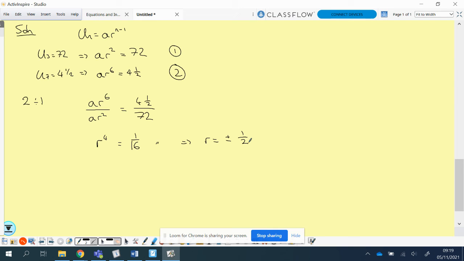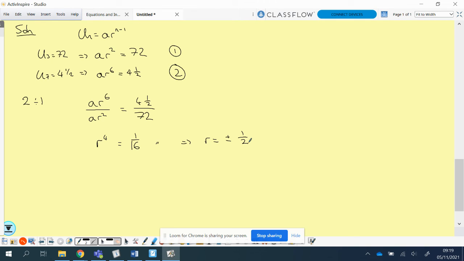Now we need to go back and think about our question. Our question said a geometric sequence of positive terms. Remember, r is the ratio. So which one is it going to be? In order to keep things always positive when you multiply, it's going to have to be the positive one. If the ratio was negative, the terms would interchange, like you've seen on the previous example.